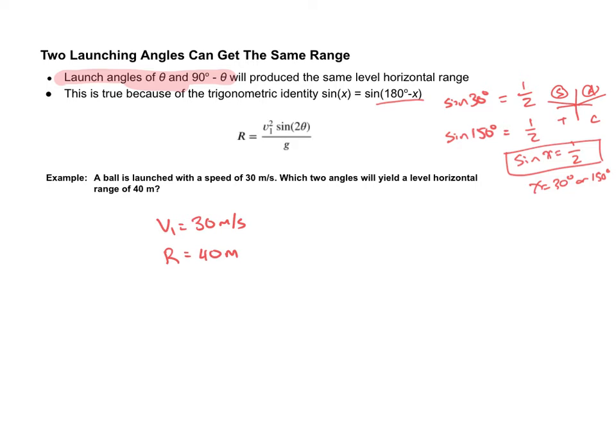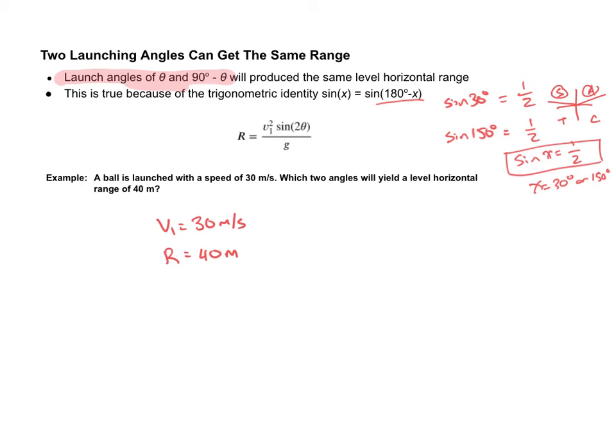So we take that formula that's up there, and we rearrange it a bit. Right now I'm debating whether to put in the numbers and then rearrange, or to rearrange and put in the numbers. I think rearrange first and then put in the numbers. So I'm going to isolate for theta.